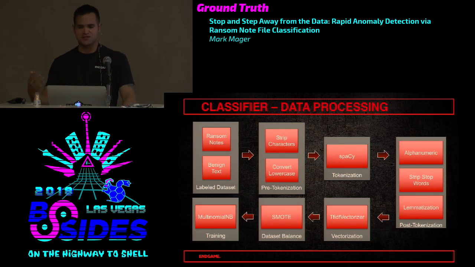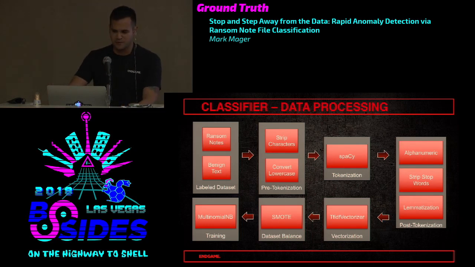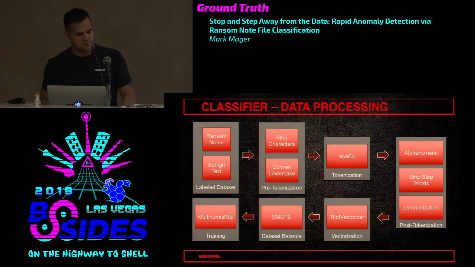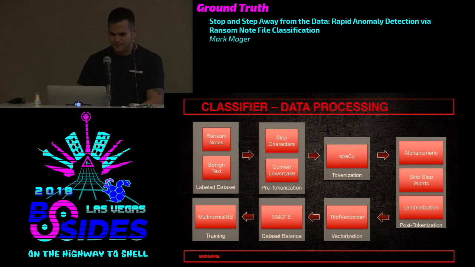And then post-tokenization, we're going to only keep the alphanumeric strings as before, strip out stop words, carry out lemmatization. Then we'll convert that set of data to vectors using the TF-IDF vectorizer. And then we'll address the data set imbalance, as I previously mentioned, using SMOTE. And then the training will take place with our naive Bayes classifier.